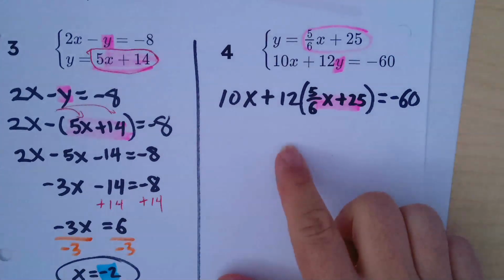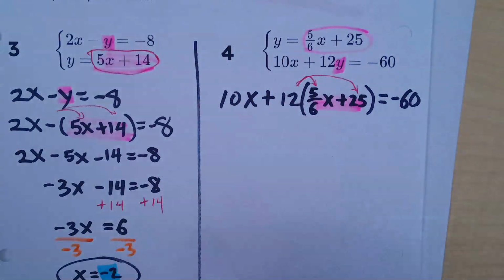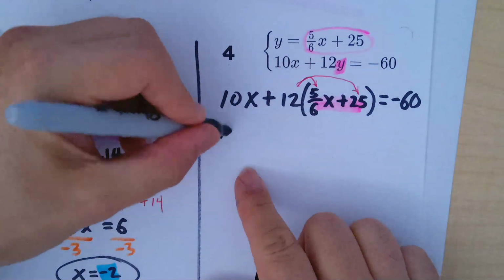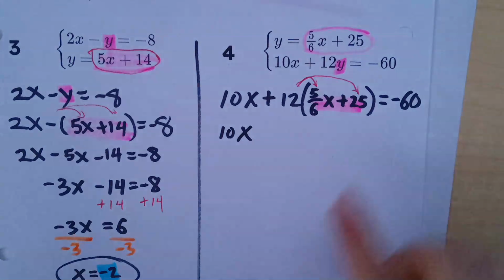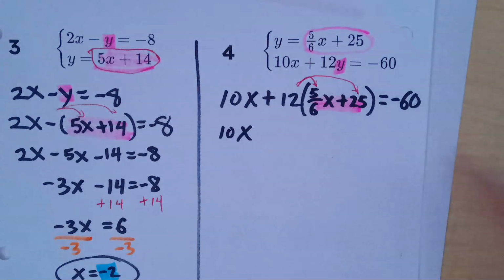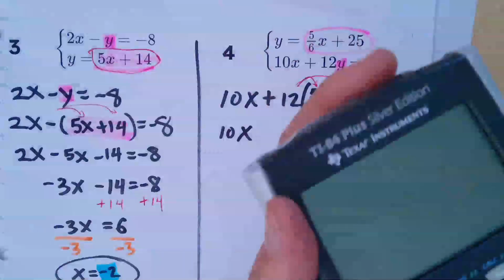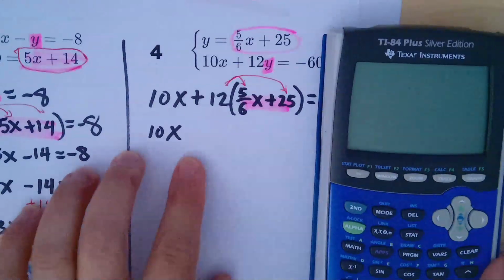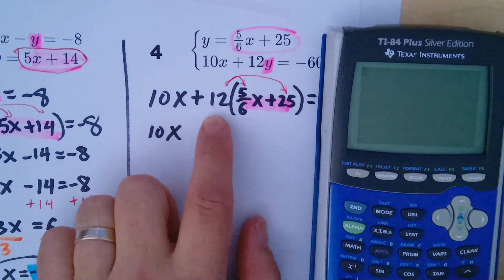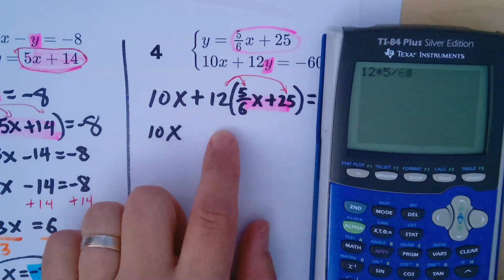Okay. So distributive property. So, okay, so people were having trouble with this step here. And so let's talk about this. So what I have to do here is I'm going to do the 12 times 5 and then divide by 6.